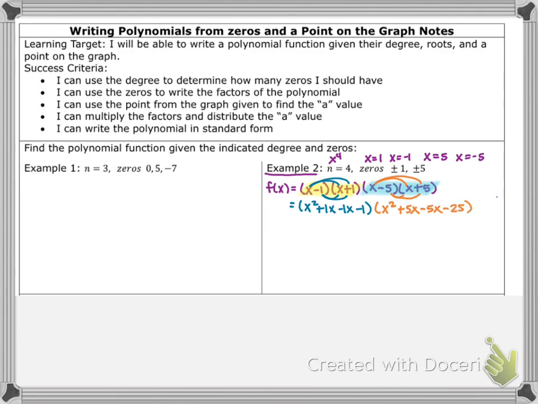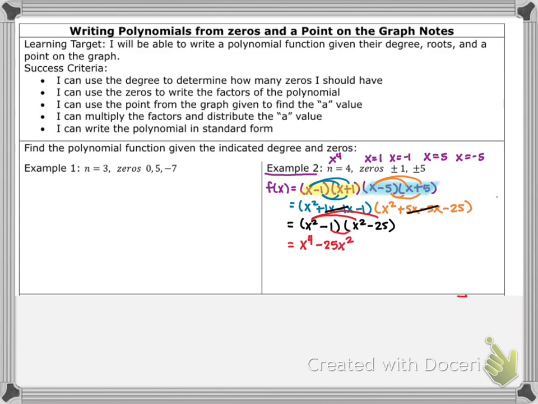Let's go ahead and clean these up. So our middle terms both cancel on both of them. So I have x squared minus 1, and then x squared minus 25. Now I can either use the box or FOIL again to multiply these. So x times x, that's going to give me x to the 4th. X squared times negative 25, negative 25x squared.